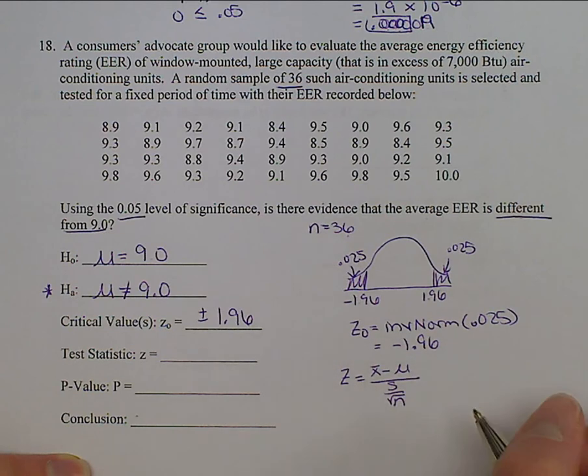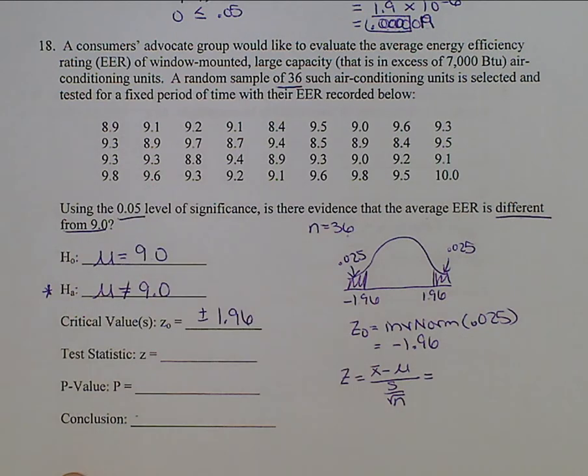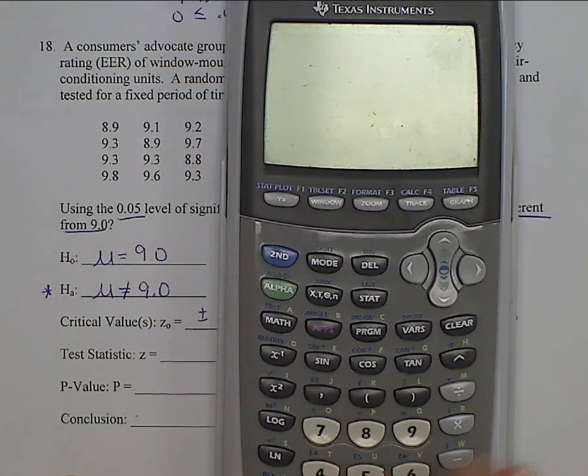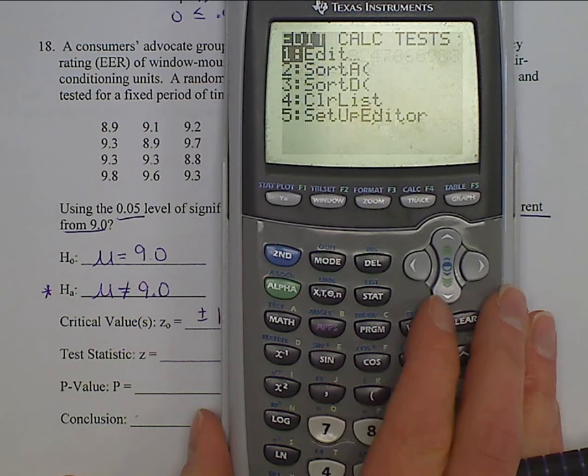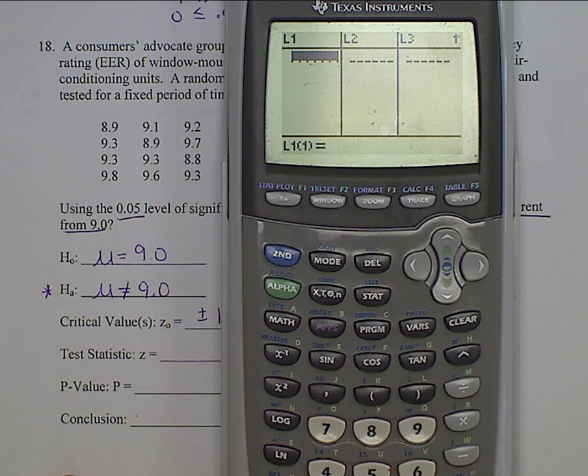Okay, for our test statistic, we have to enter into our calculator a list of numbers. So you're going to hit Stat, go to Edit, you're going to clear out your list, and enter in all of your numbers.